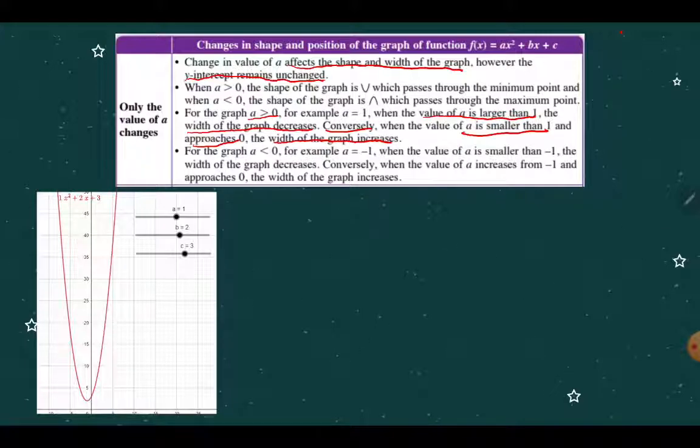For the graph of A less than 0, for example A equals negative 1, when the value of A is smaller than negative 1, the width of the graph decreases. Conversely, when the value of A increases from negative 1 and approaches 0, the width of the graph increases.